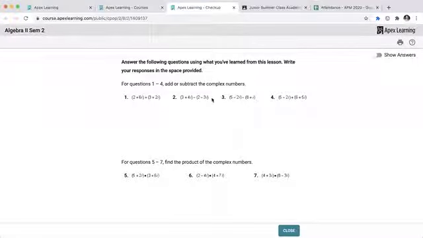Then doing the products, using your FOIL method, still just replacing that i squared with a -1 when you get to that point. And then obviously finding the quotients, and all three of these are going to require you to multiply by the complex conjugate. Because if you can solve this one, you can solve basic integer problems as well.